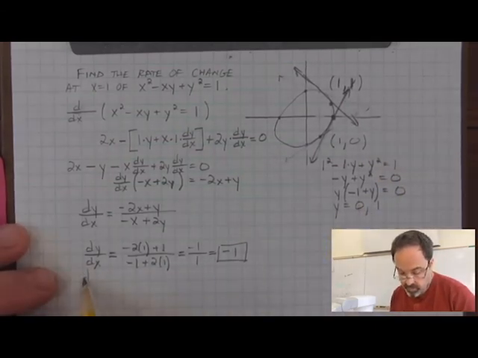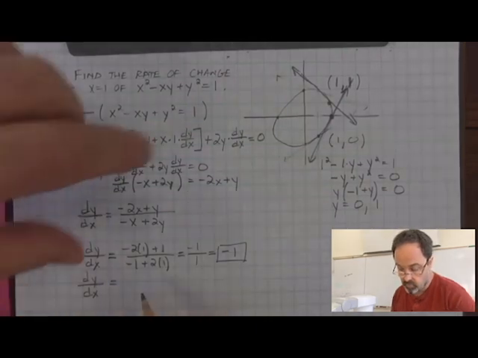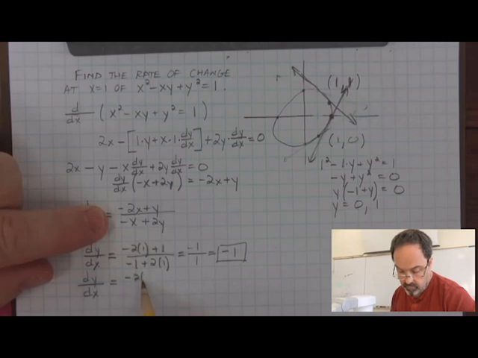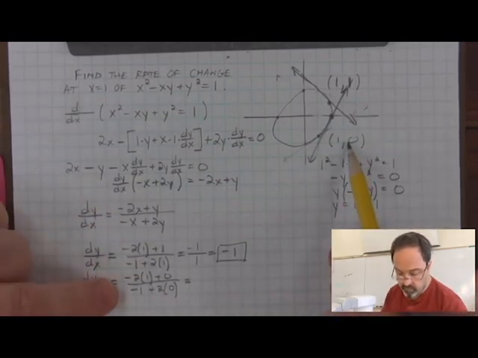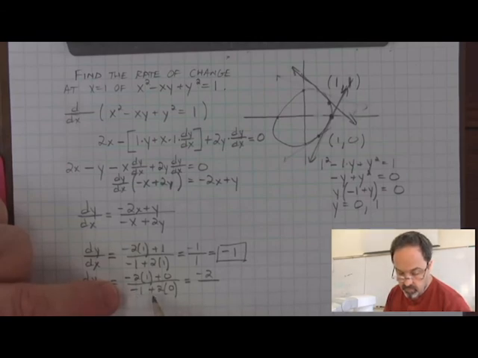The other tangent line, the second derivative, or the calculation for the derivative of the second tangent line with coordinates 1, 0 will be negative 2 times 1 plus 0 over negative 1 plus 2 times 0. I substituted the x and y values in again. Simplifying, I have negative 2 plus 0 is negative 2 over negative 1 plus 0 is negative 1.